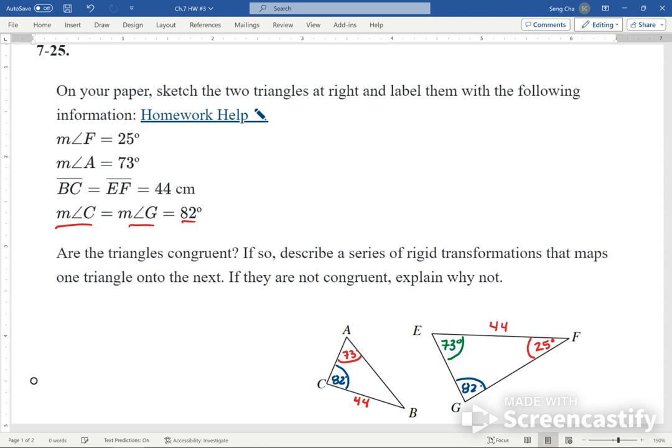Okay, and that matches. Then I'm going to figure out this one right here also. So 180 minus 82 minus 73, and that gets me 25. And it also matches over here.